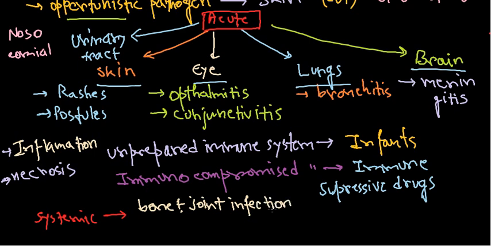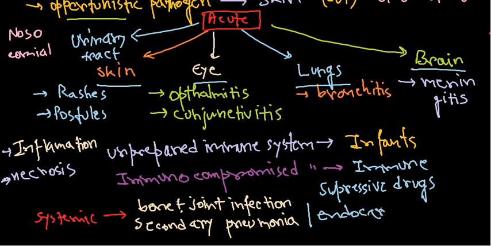Urinary tract infection can also be there, and secondary pneumonia can be there. Obviously several types of urinary tract infection can be there, and one of those infections is endocarditis. So this is a type of infection that could be there.